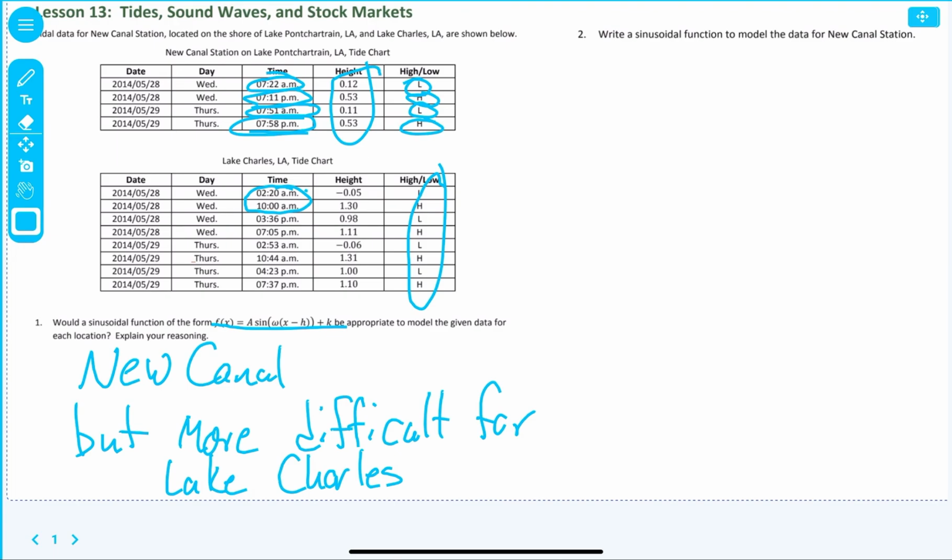All right? So how are you going to find, let's start with A. How are you going to find, we don't care about this one. Okay, let's find A for New Canal. How are you going to find the amplitude? What would you do to find, what is amplitude? What is amplitude?